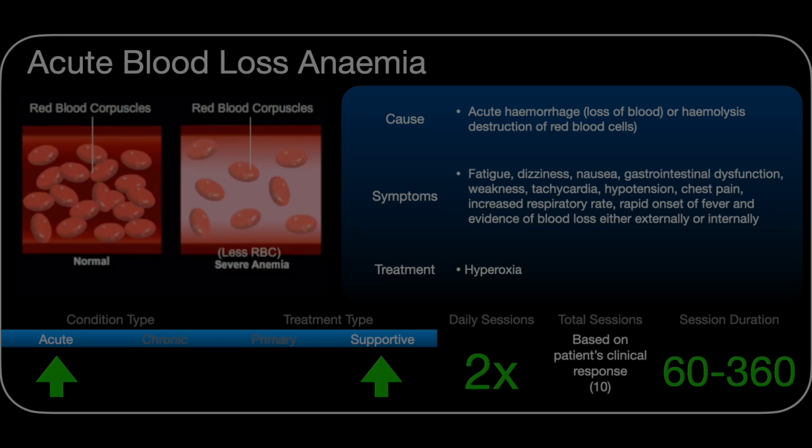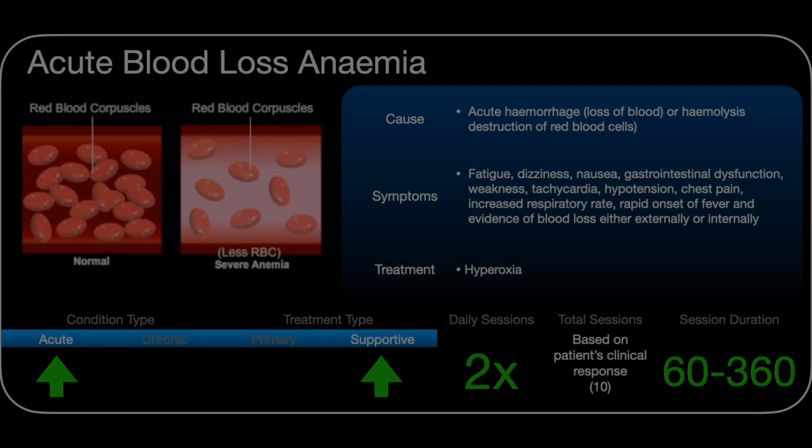The symptoms would include fatigue, dizziness, nausea, gastrointestinal dysfunction, weakness, tachycardia, hypertension, chest pain, increased respiratory effort, rapid onset of fever, and evidence of blood loss either externally or internally.